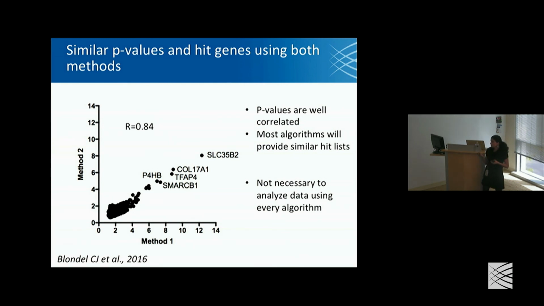So this suggests that most algorithms will end up giving you very similar hit lists, so you do not have to analyze your screen using every single algorithm that exists. But having said that, you should definitely analyze your screen with more than one algorithm because of this fuzzy region here, which can be slightly different depending on what method you use. So try to tease out as much information as you can from your screen, so use multiple methods.